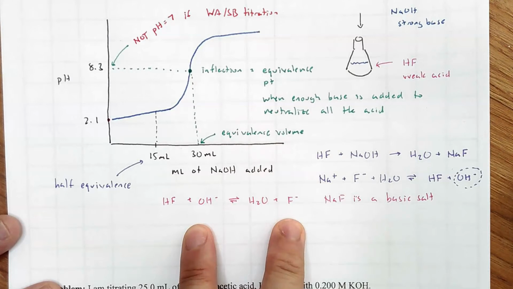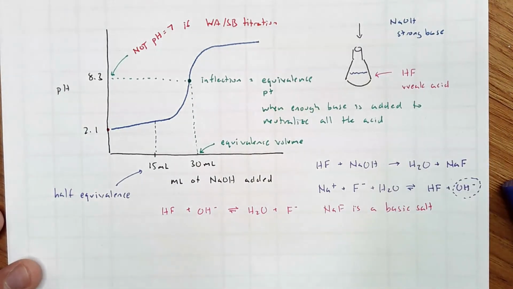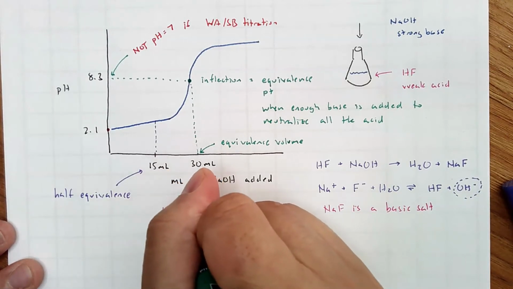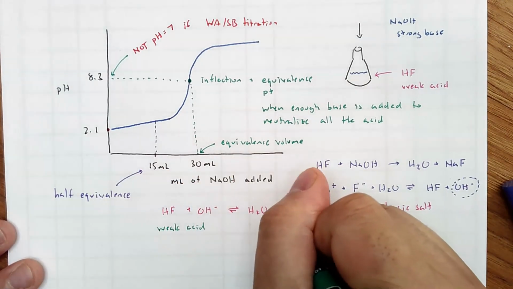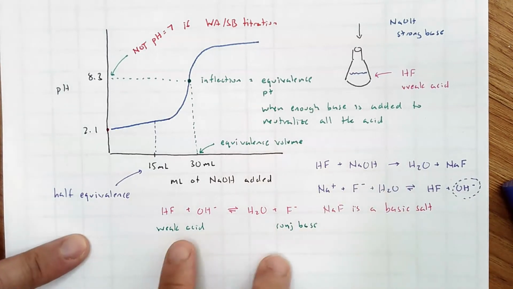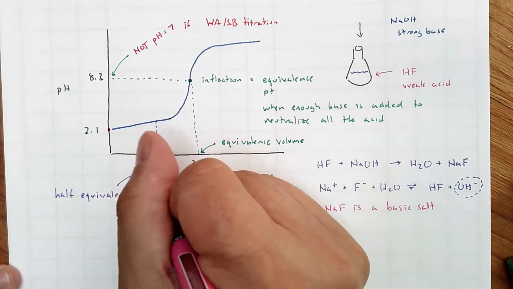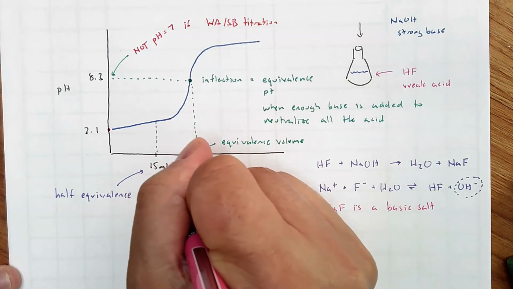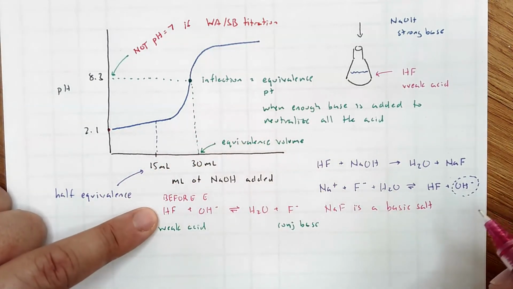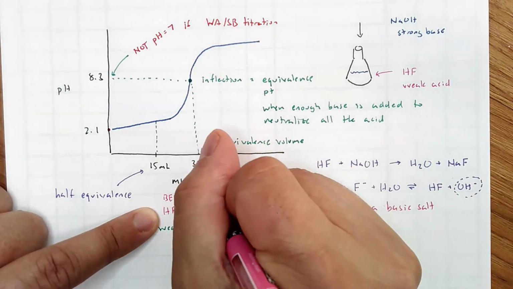You know what we have here? We have a solution now of a weak acid and its conjugate base. Weak acid and its conjugate base. So this is, again, before equivalence. Let me just add that here. When you're before equivalence, you're not neutralizing all of the HF, so you still have weak acid in the solution.